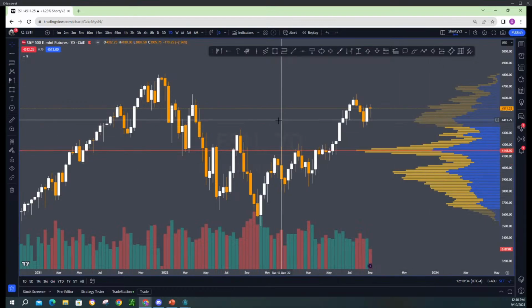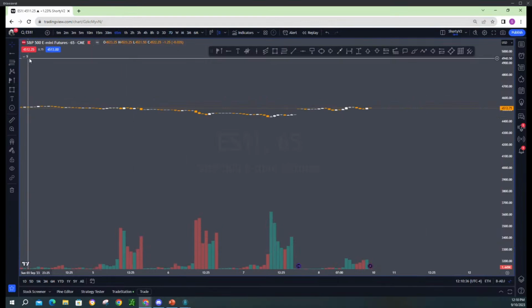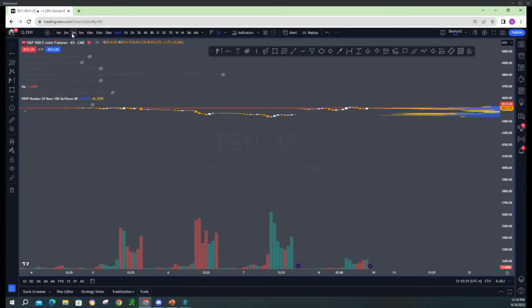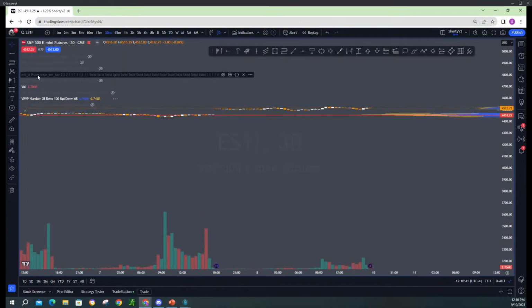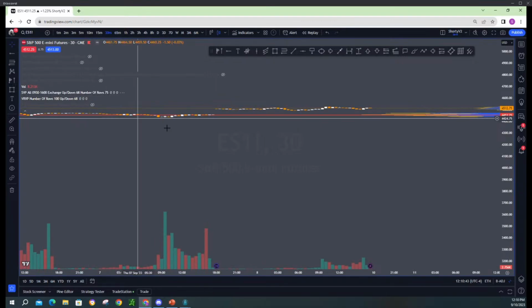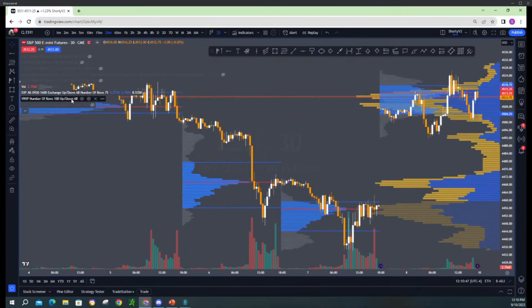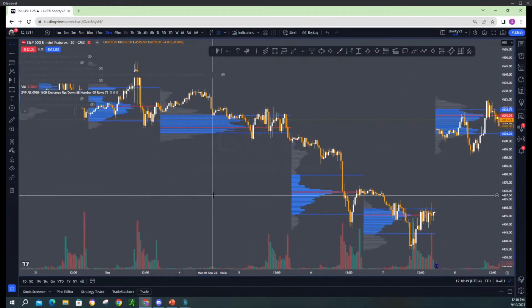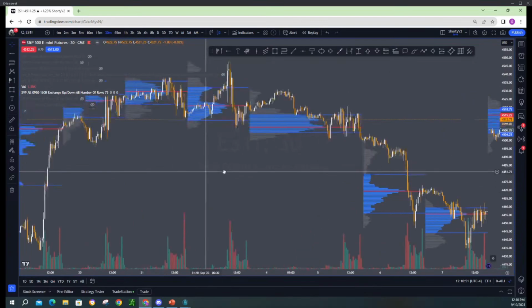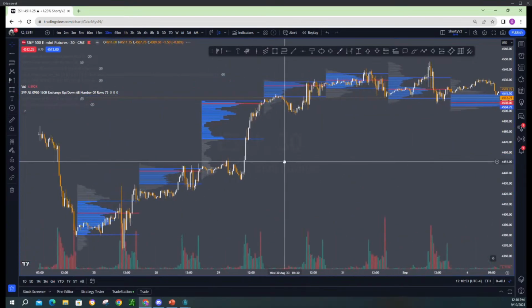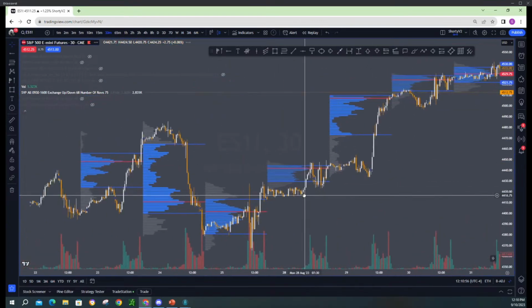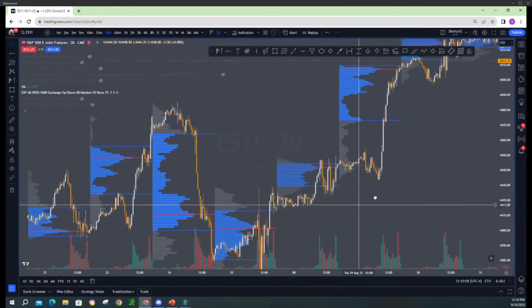But if you're on a double distribution day or a week, whatever you want to call it, let's find a daily one so it's more relevant to you guys. If you find a double distribution day and you look at it, once they reclaim a level, okay, here's this one here.